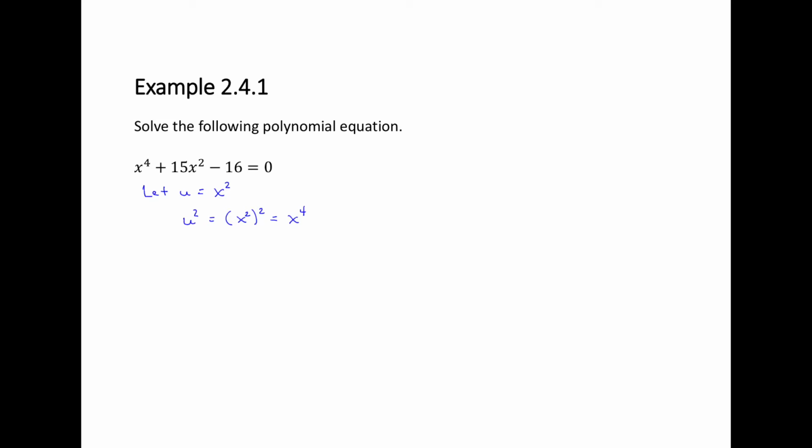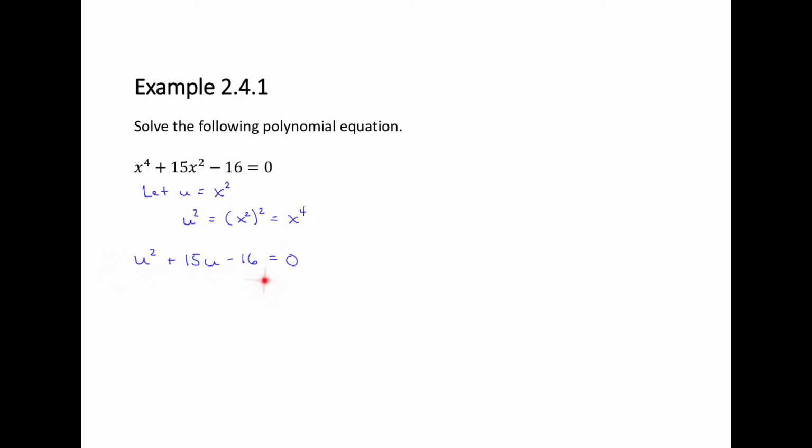By substitution, we have u squared plus 15u minus 16 equals 0. I replace the x squared in the original problem with u, and I replace the x to the fourth power with what it's equal to, u squared.